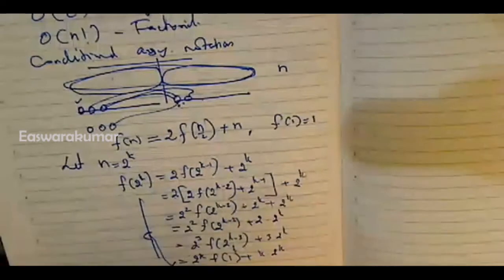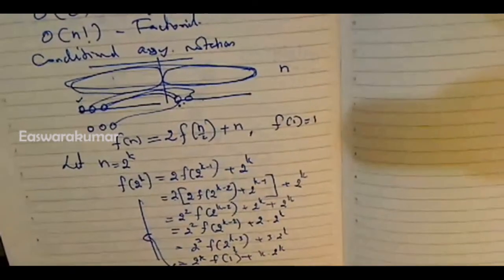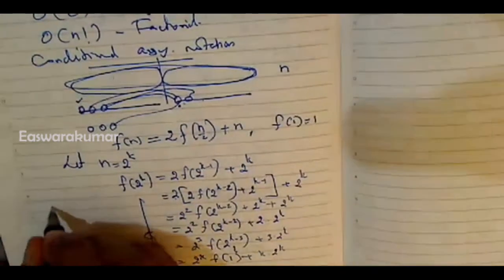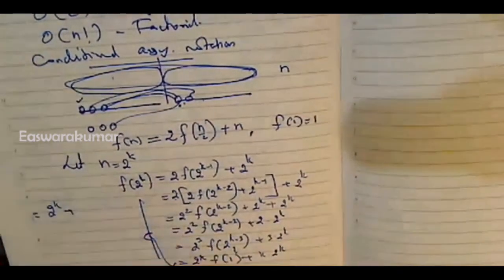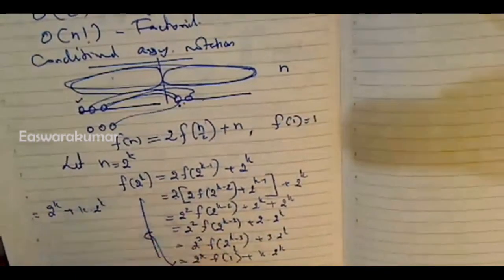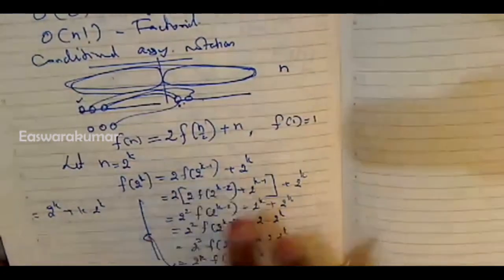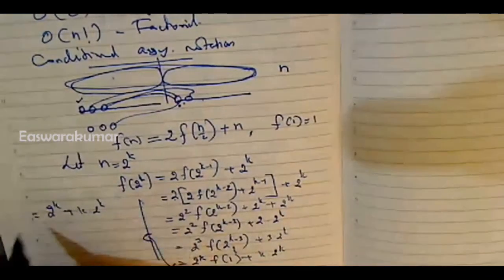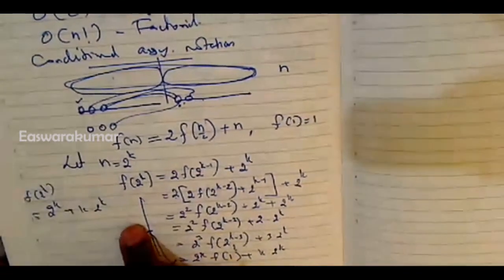So if you take that f of 1 is equal to 1, based on this, and this is k into 2 power k. So now what happens? The inner function has gone, right? So f of 2 power k is equal to this value, we get that.